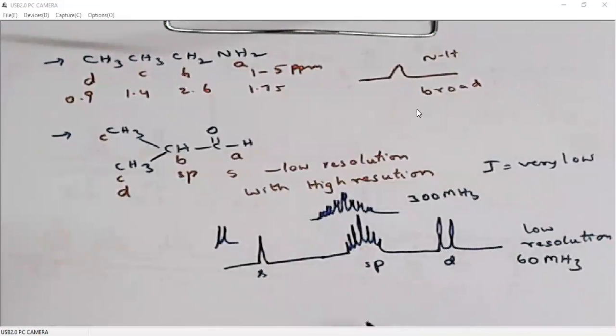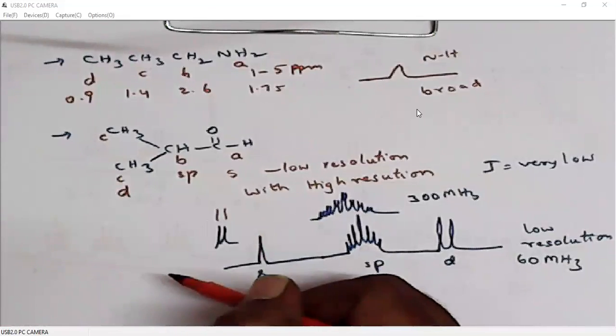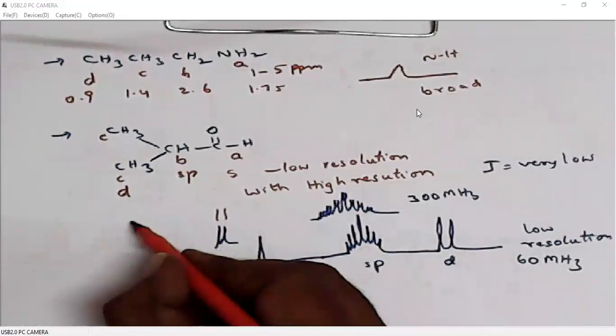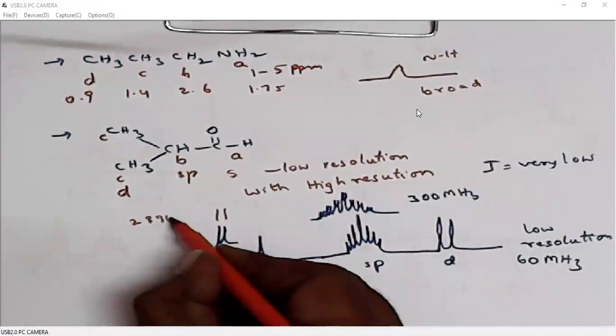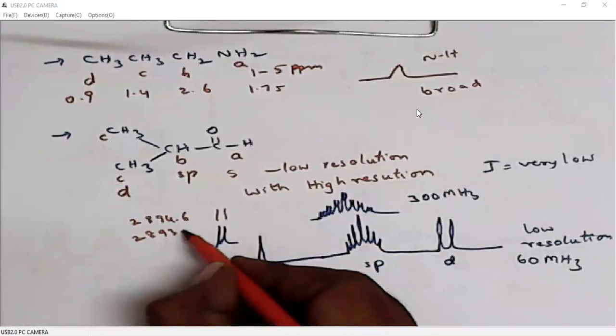Then in the NMR spectrum, when we take the spectrum, we can also indicate the frequencies here. For example, the first frequency is 2894.6 and the second frequency is 2893.1.